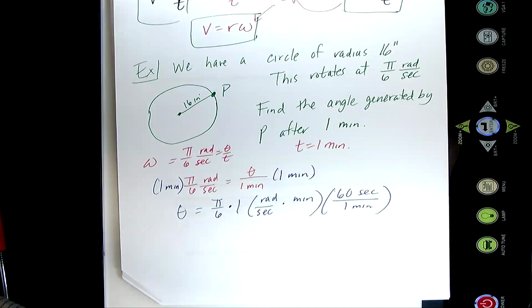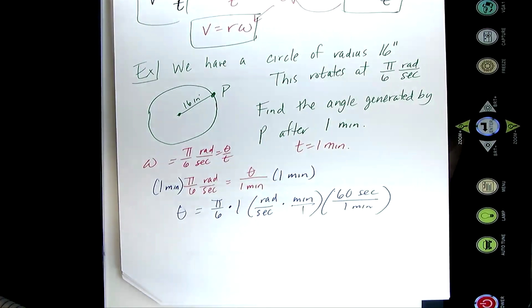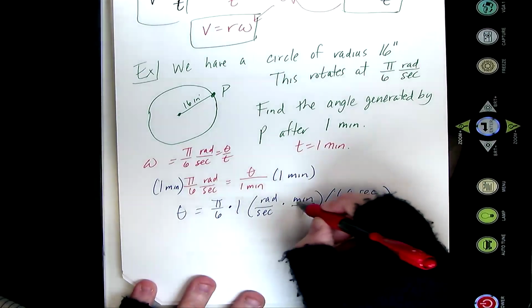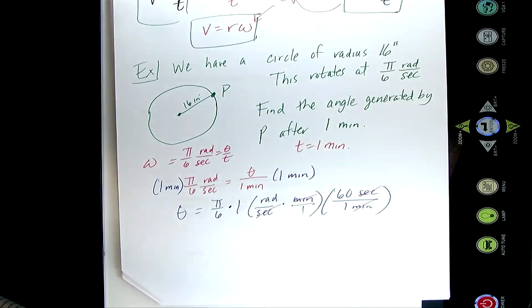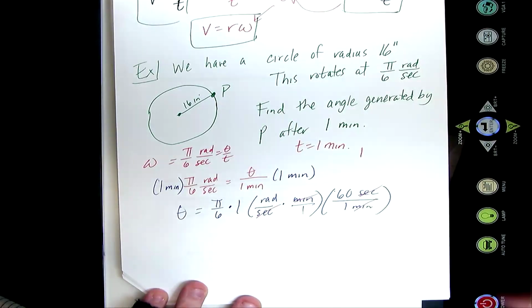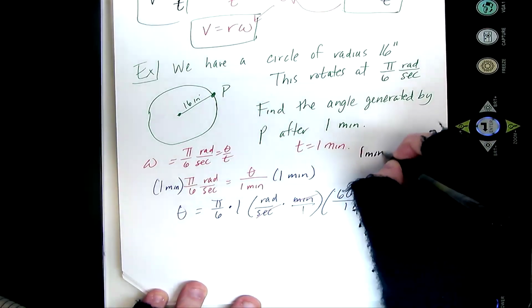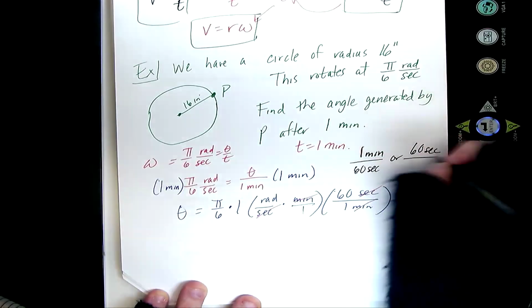How did I choose to put that where it is? I looked at where my units were before, and I want my units to cancel out, so they're going to be on opposite sides of the fraction. With them on opposite sides of the fraction, the minutes will cancel and the seconds will cancel. We could have done 1 minute over 60 seconds, or 60 seconds over 1 minute.